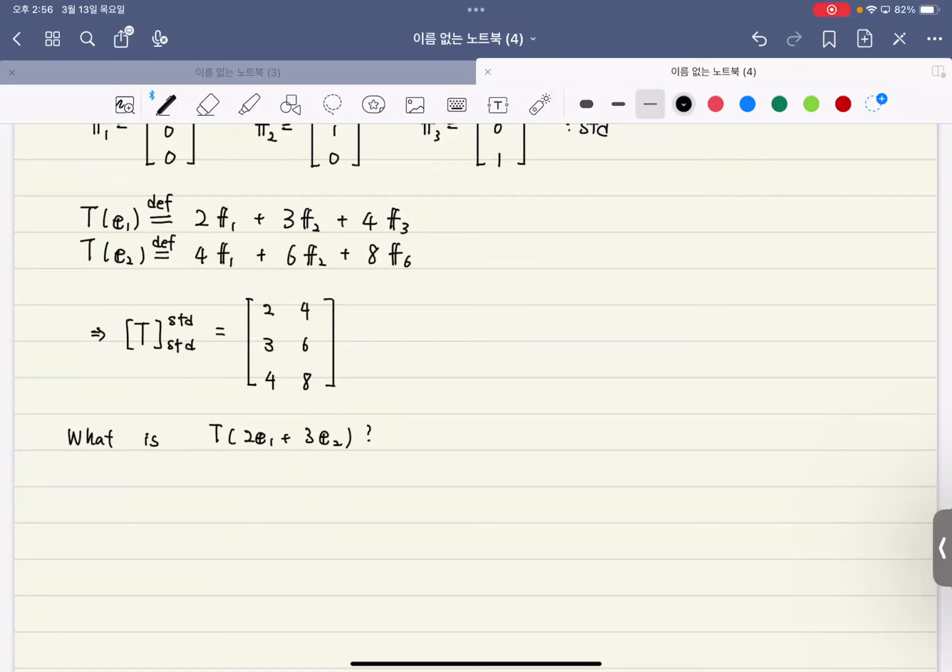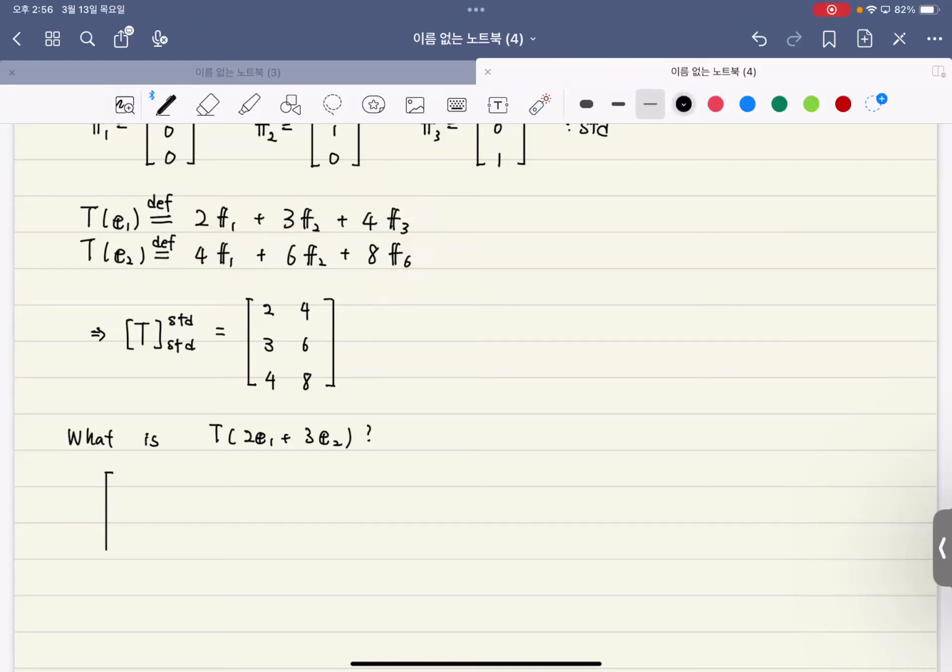How do we compute this? Well, you can use this: T of E1 is this. All you can do is multiply this by 2 and this by 3 and add it all together.